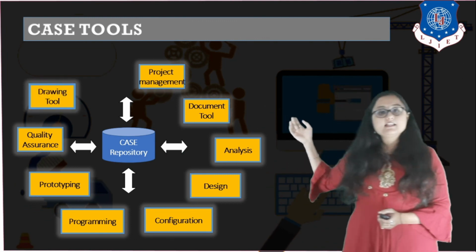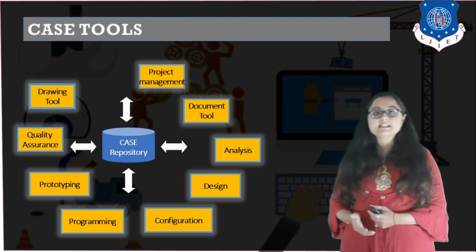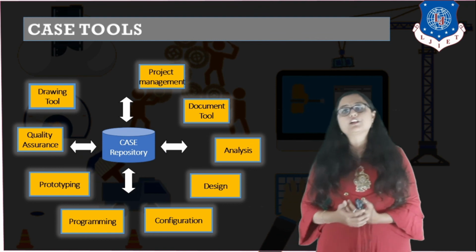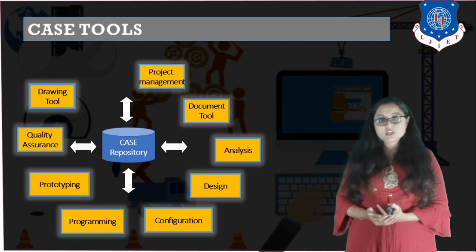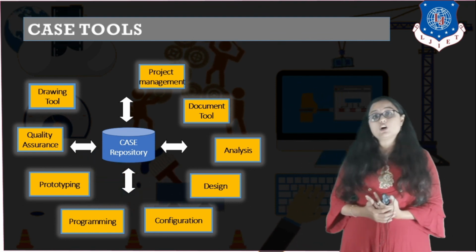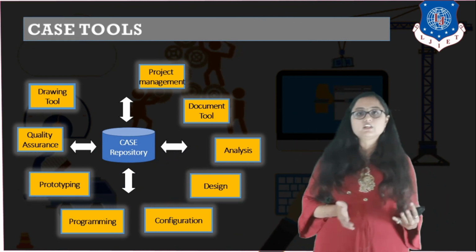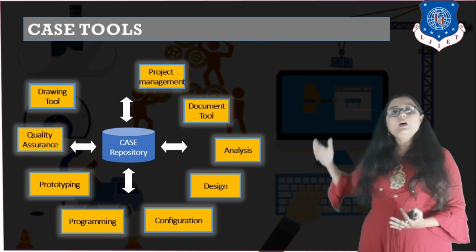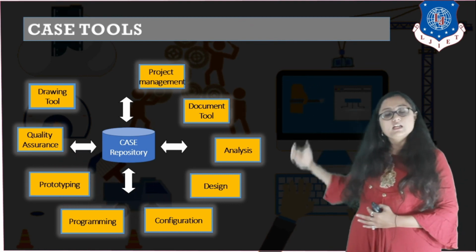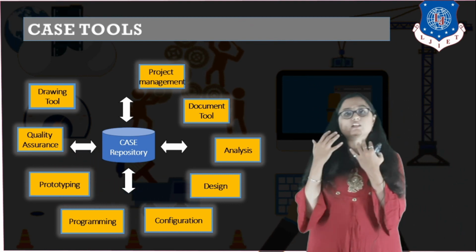The next is drawing tools, or you can say diagram tools. We know that during the requirement analysis phase, you have to develop certain diagrams, right? These diagrams can be either procedure oriented or object oriented. You have different diagram tools that will help you. They have symbols.